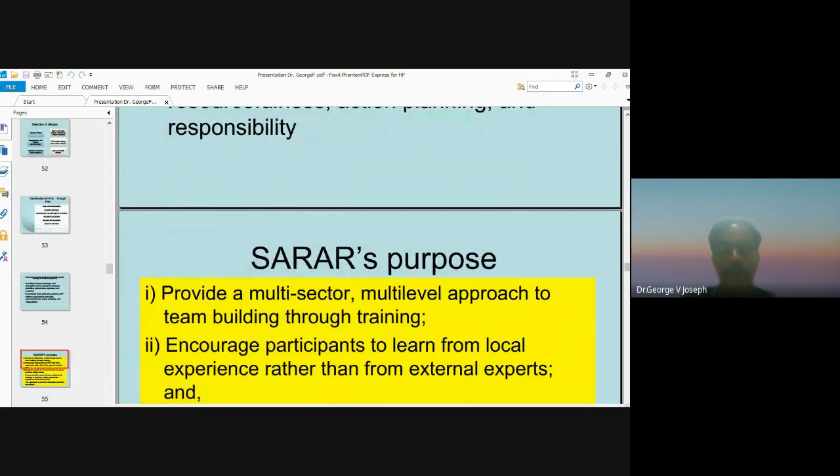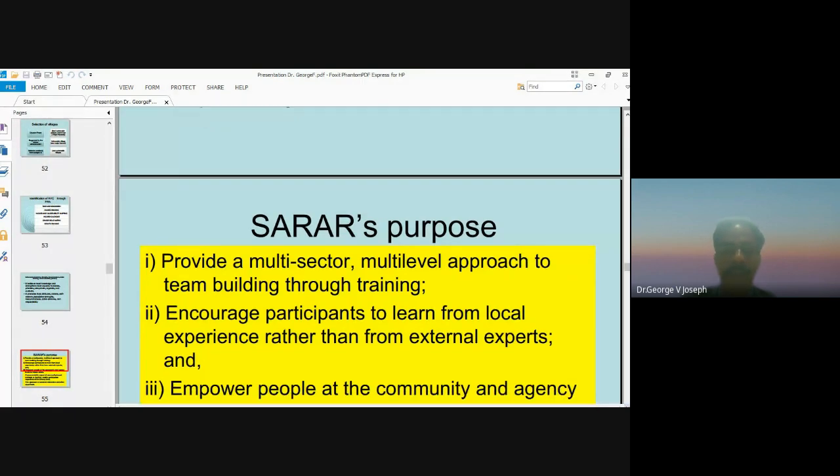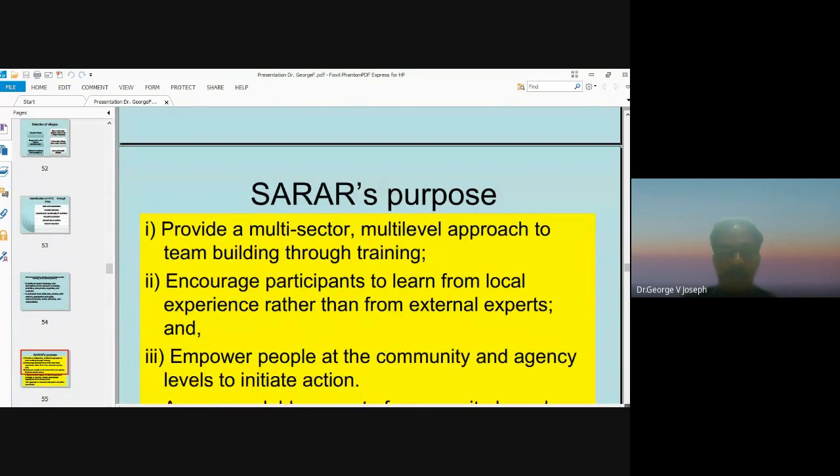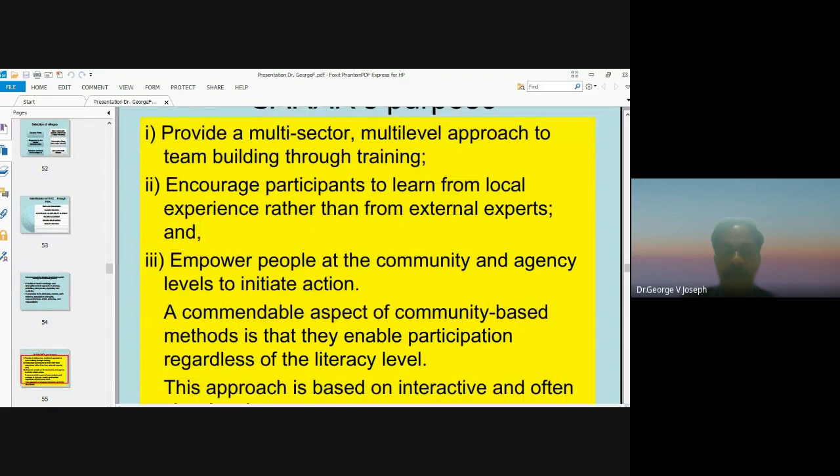So it provides a multi-sector, multi-level approach to team building through training. In this process, team building also takes place, various sectoral agencies are involved, people are encouraged to participate, and local experts are involved. This process empowers the community to initiate action.